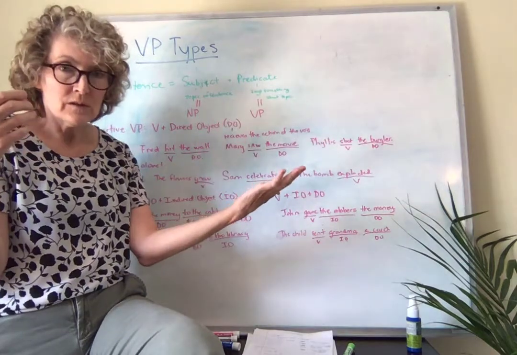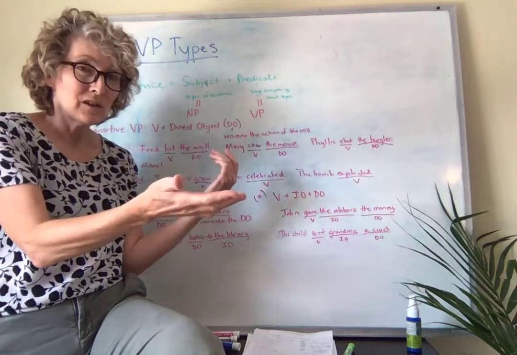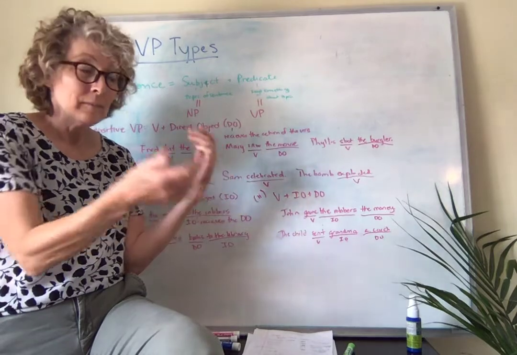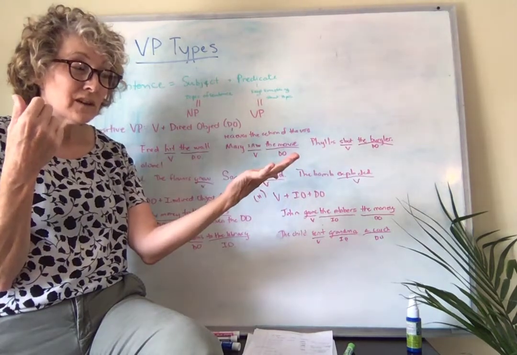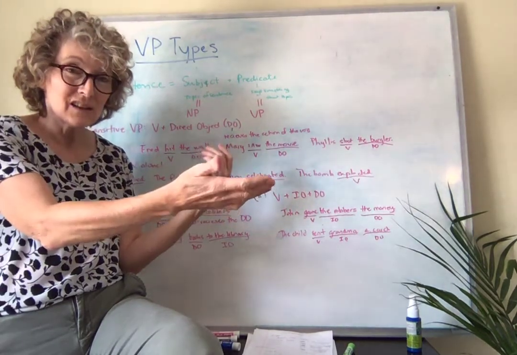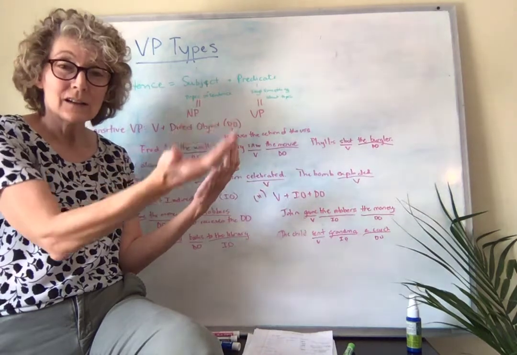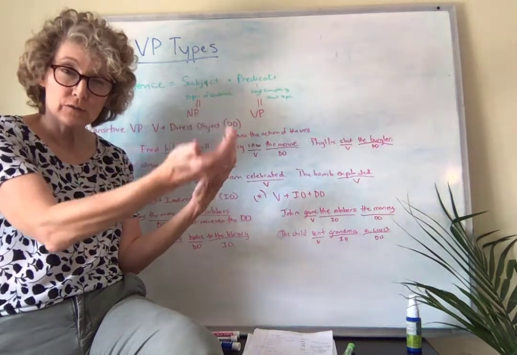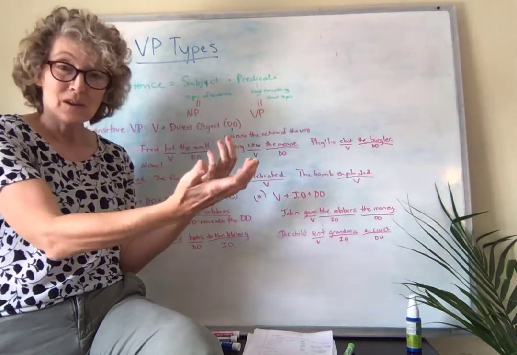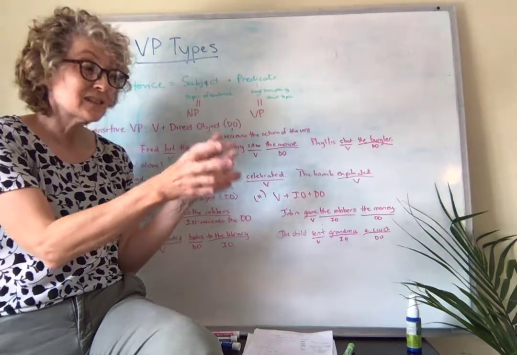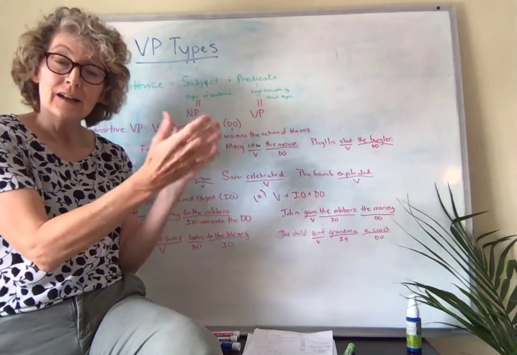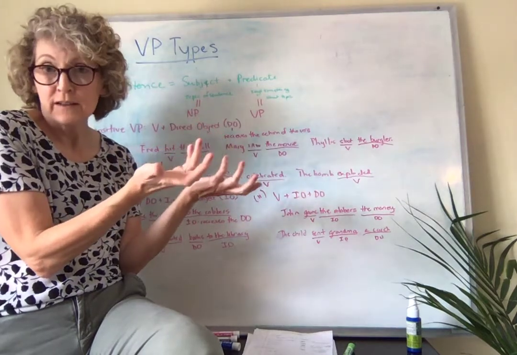The first one must be the subject, the second one must be the predicate. The first one is what the sentence is about. The second one is telling you some action that happened to the first one or that the first one did. And so that's going to be the main verb of the sentence. That's going to be an intransitive sentence. It's the simplest form of a sentence.